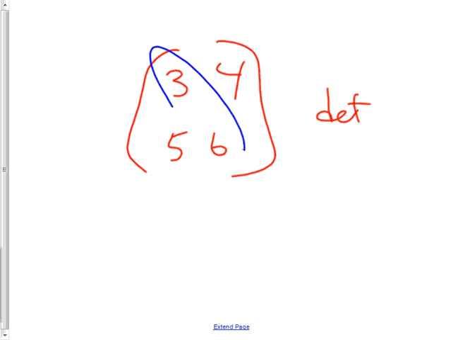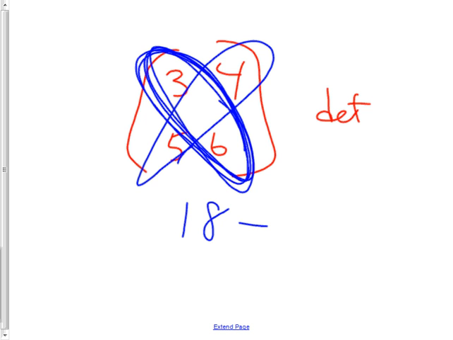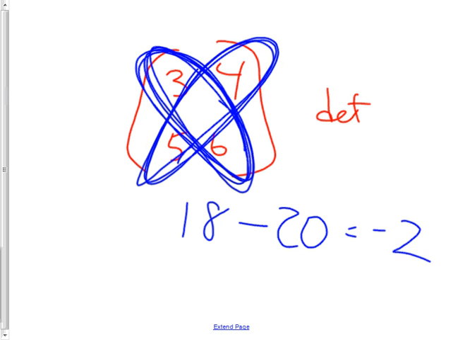That times that minus that times that. Think you can handle that? This times this is what? 18 minus that times that, which is 20. What's 18 minus 20? Negative 2. That's the determinant of this matrix. That you have to do by hand.